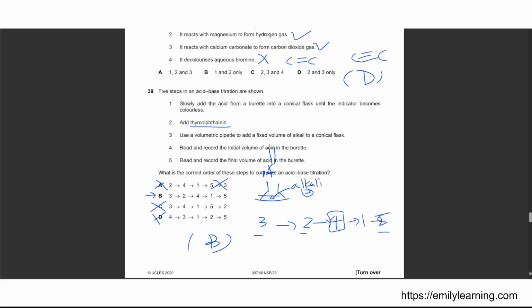You just need to read the volume before you add any of the acid, and you need to record it when you finish. So the answer is 32415, which is B for question 39. In fact, once you know the order of 1, 2, and 3, which is 3, 2, and 1, and we know that 5 is definitely the last step, we have eliminated all the options and gotten B.